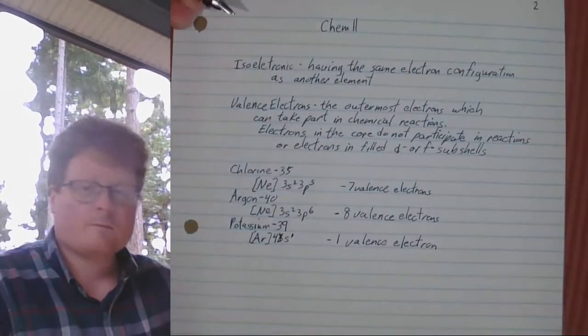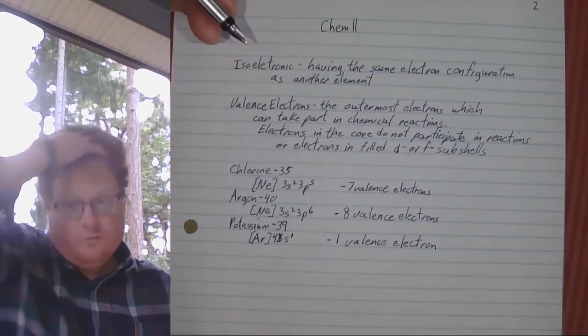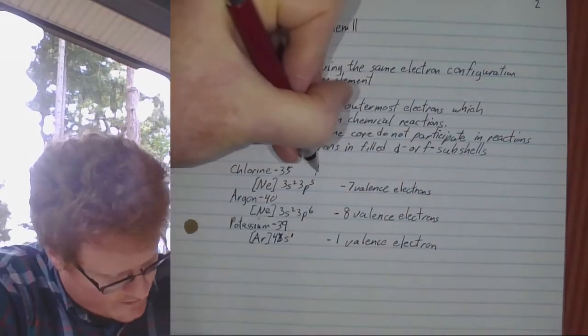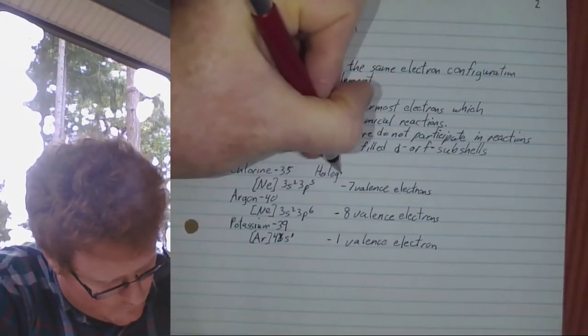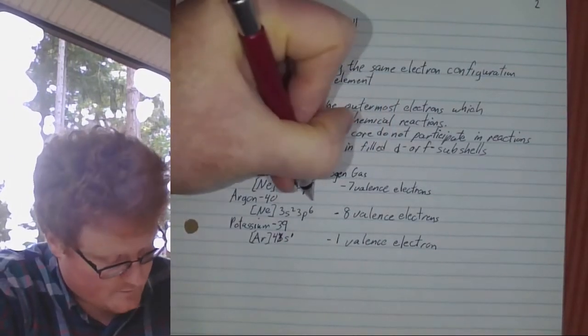Now these are 3 different types. Chlorine is a halogen gas. Argon is a noble gas.